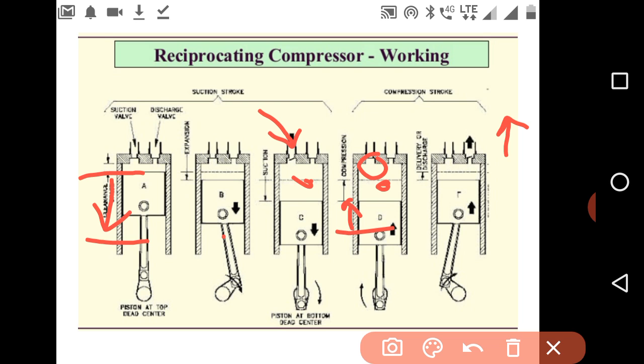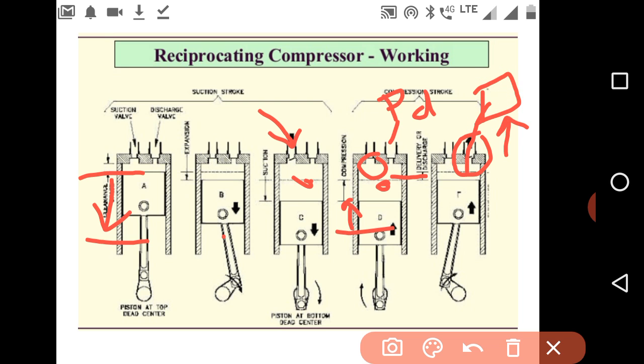When the piston is approaching top dead center, the pressure will come nearer to the discharge pressure, and nearer to the top dead center it will overcome the discharge pressure, the discharge valve will get open, and this compressed air will supply to the reservoir.